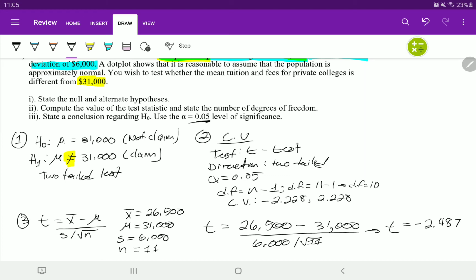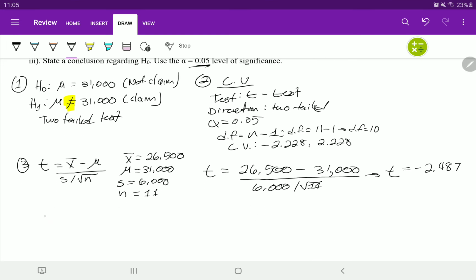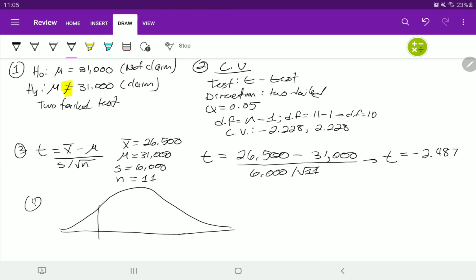Number 4. Make our decision. We're going to draw our standard normal curve. We're going to place our critical values on the curve. Two-tailed, so 2 critical values. Negative 2.228, positive 2.228. If my test statistic falls within my highlighted area, which is known as the critical region, we're going to reject the null.